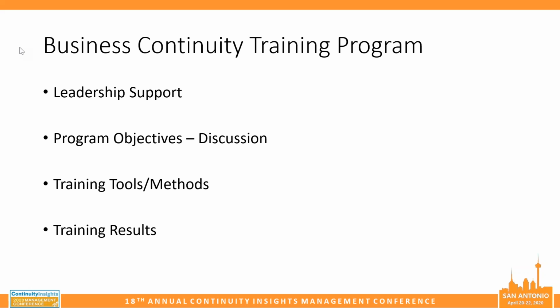Many times when we're setting up a training program, we think about the person currently in the role, but we don't always consider the person who needs to be the backup. And then also, a part of having a comprehensive business continuity program is having a method for continual improvement, which means the training program should be reviewed at a minimum annually.